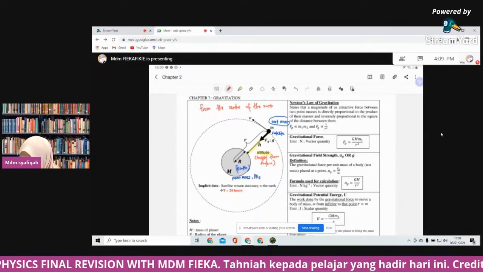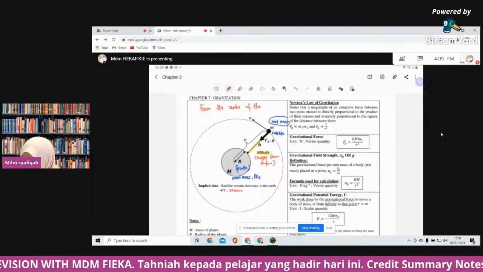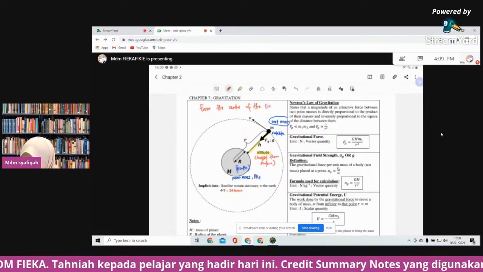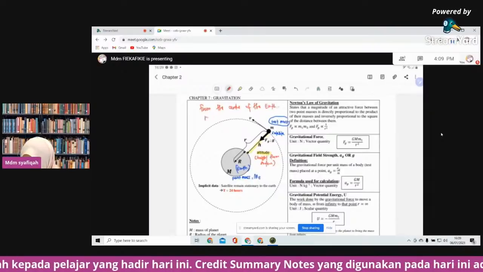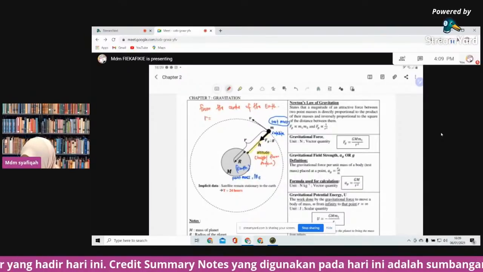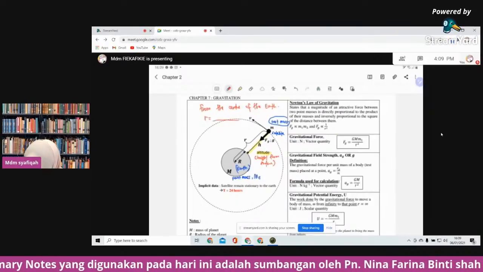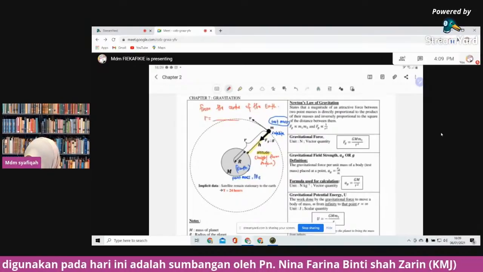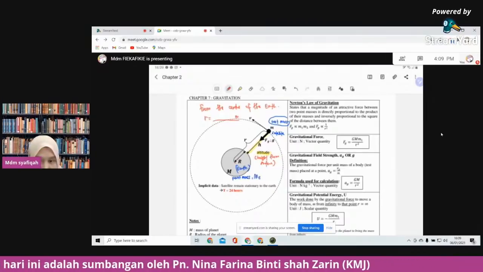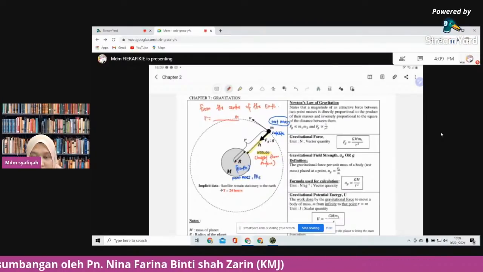The center of the earth. So R, okay, dia adalah daripada sini. You baca betul-betul soalan. R dia mesti daripada sinilah. This one, the value of R, berapa meter? From the center of the earth.